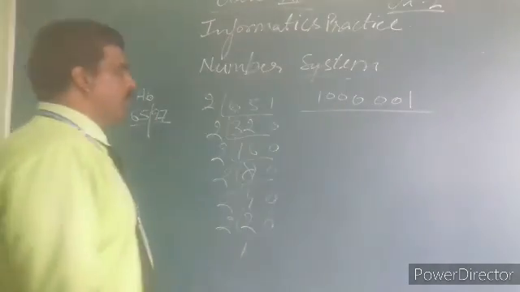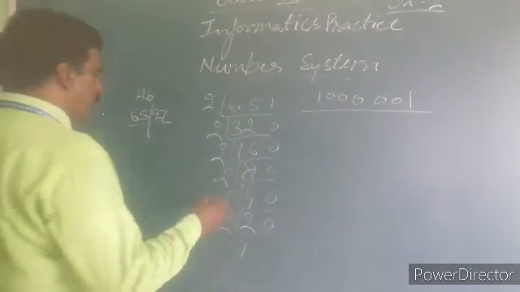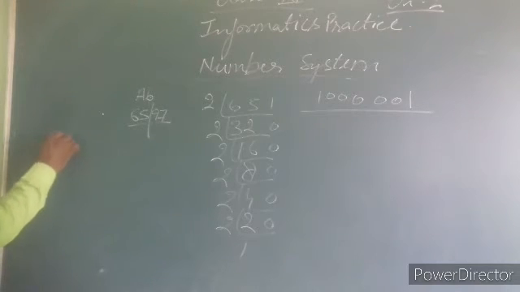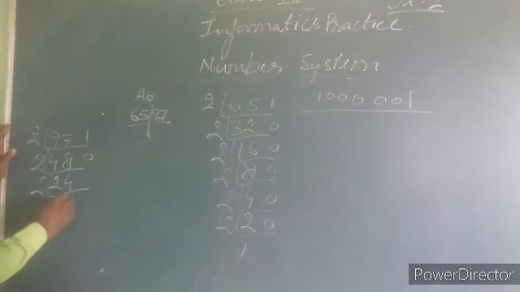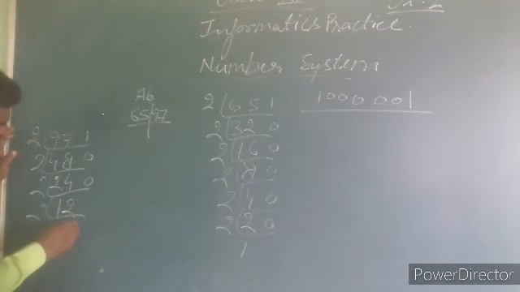After that we have to write 97. So for 97 we have to calculate. 2 4 is 8, remainder is 1. 2 8 is 16, remainder is 1. 2 2 is 4, remainder is nothing. 2 4 is 8, remainder is 0. 2 1 is 2, 2 2 is 4, remainder is 0. 2 6 is 12, remainder is 0. 2 3 is 6, remainder is 0.